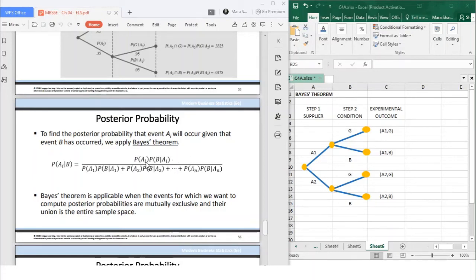We have here, above, if you can remember, this part. Going back to our conditional probability, technically this is conditional probability.